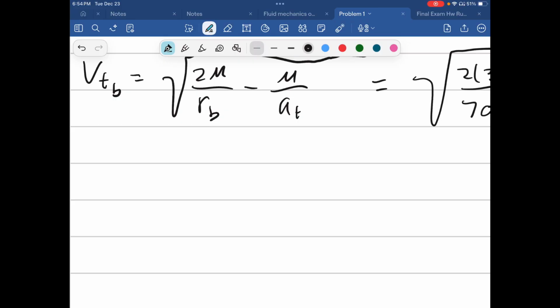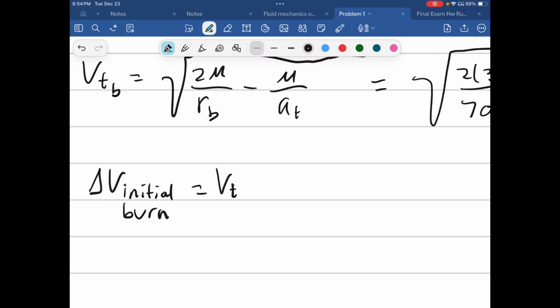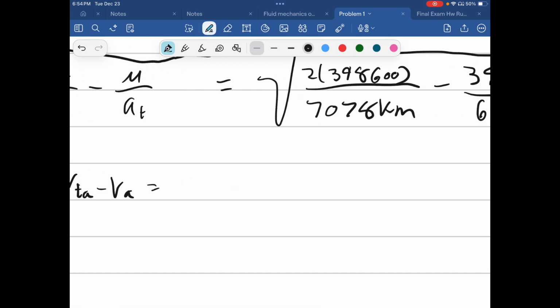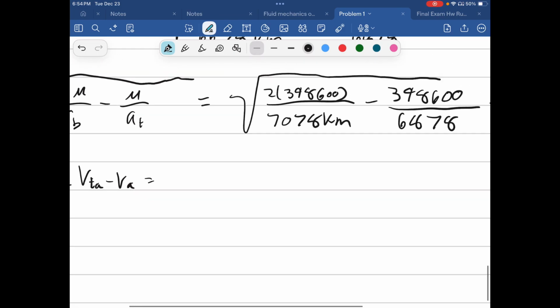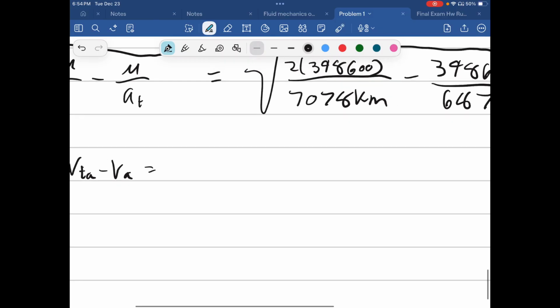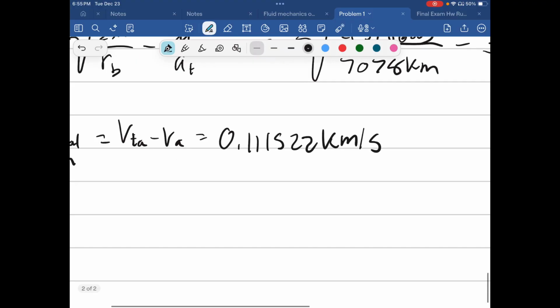Delta V of the initial burn is just our change in velocity, so we have V_TA minus V_A. I'm not going to plug in the numbers, you already have these from our problem. So it's going to equal 0.111522 kilometers per second.